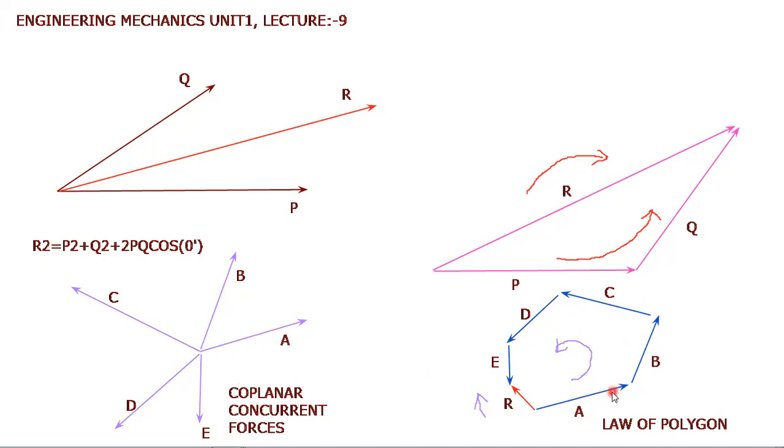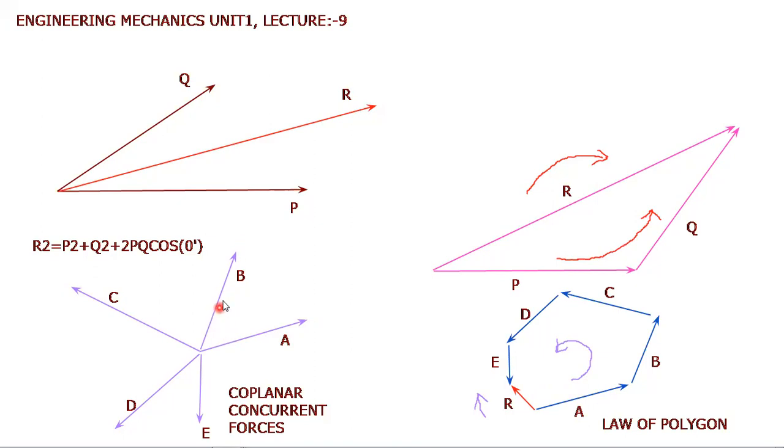Here it is plotted as 5 centimeter on paper, up to the scale. Now 5 meter means 1 meter is equal to, suppose, 1 kilonewton. So suppose that force A has the magnitude of 1 kilonewton. Then it is plotted to some scale on the paper.